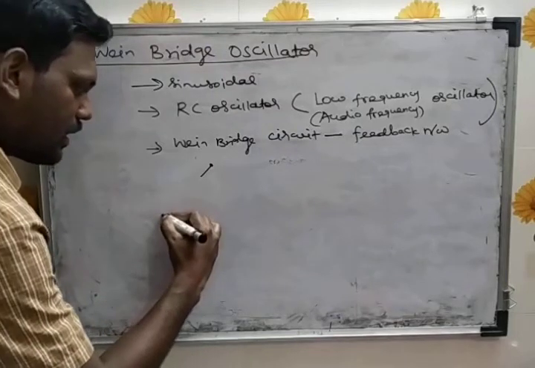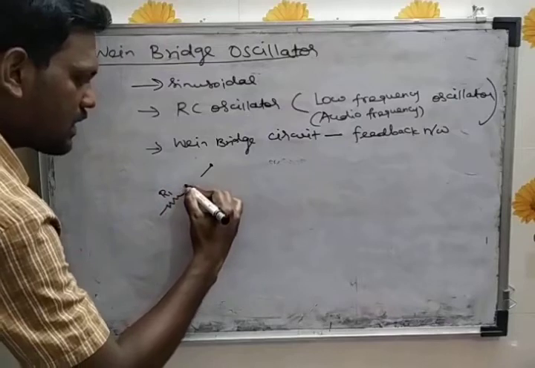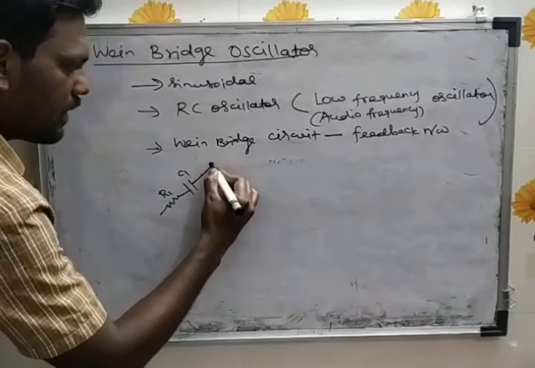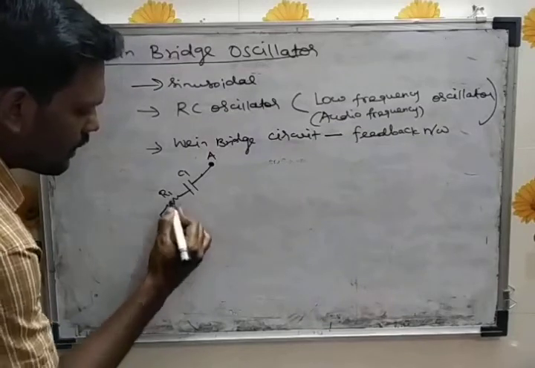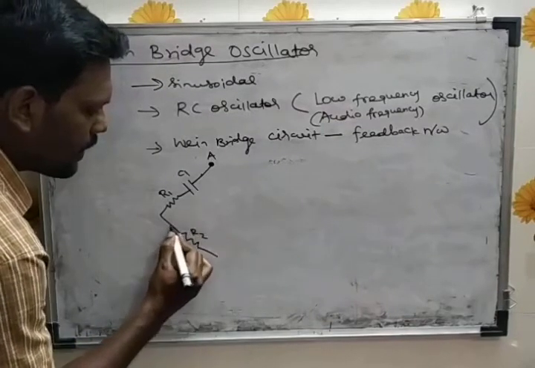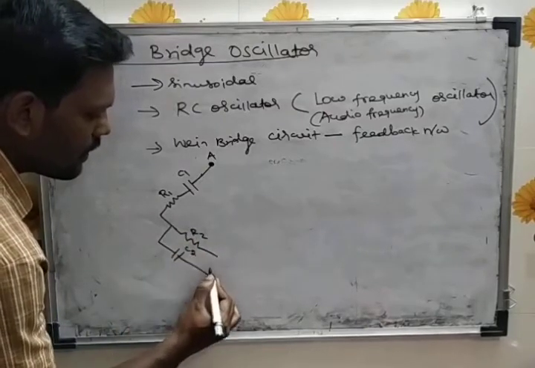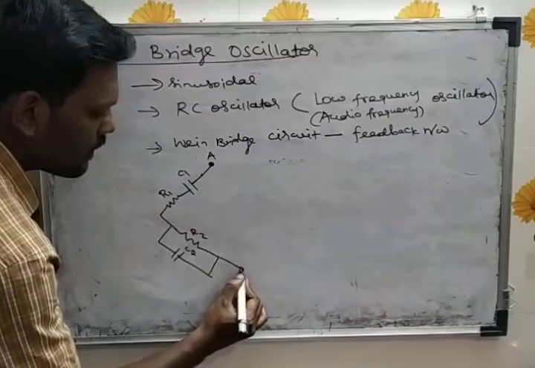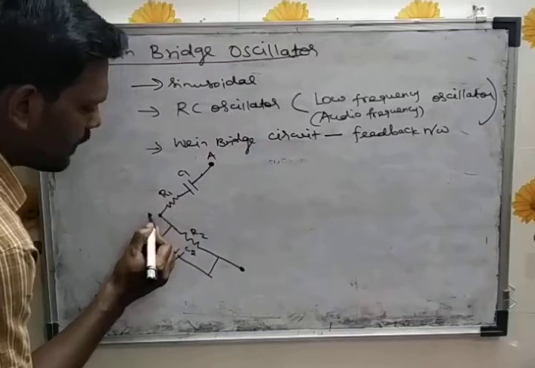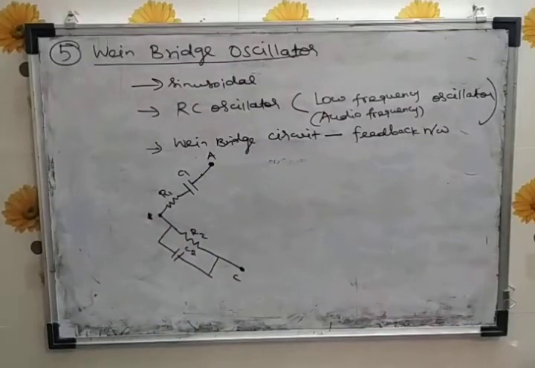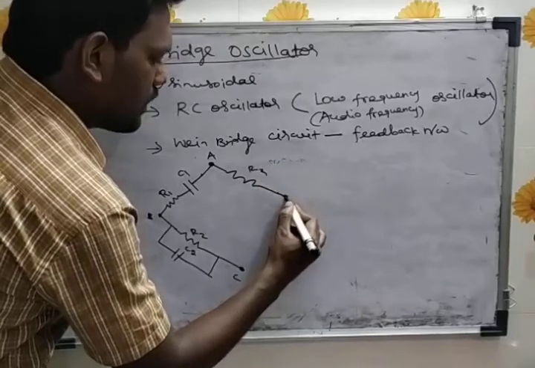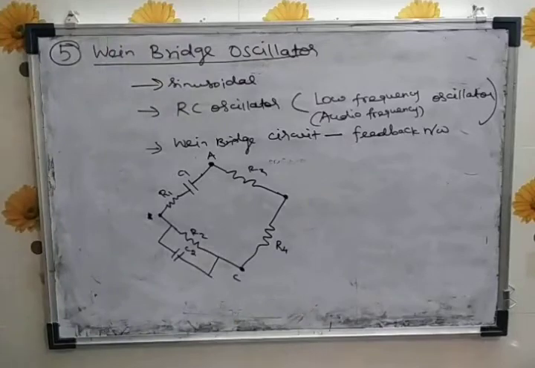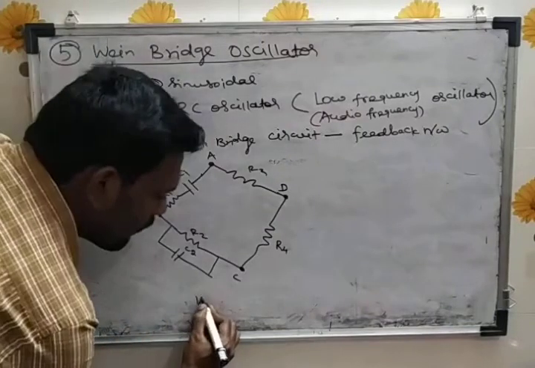In one arm it has resistance R1 and C1, and I am taking this node as A. In the second arm it has R2 parallel C2, and I am taking this point as C. Another arm has R3 and R4, and I am taking this point as D. This circuit is the Wien-Bridge circuit.